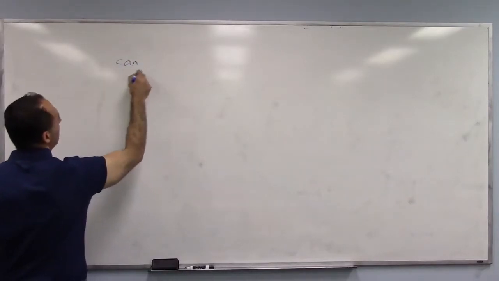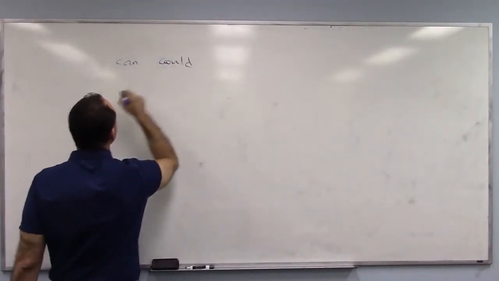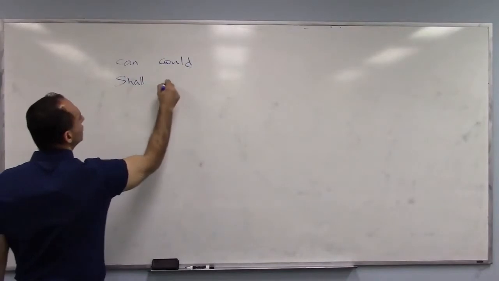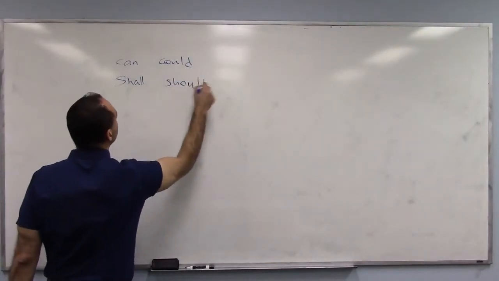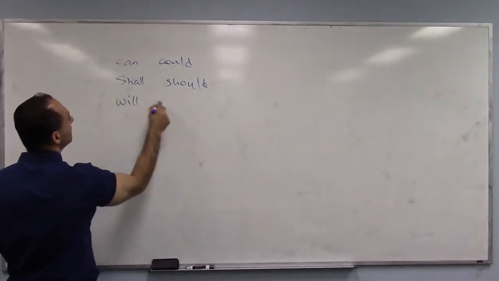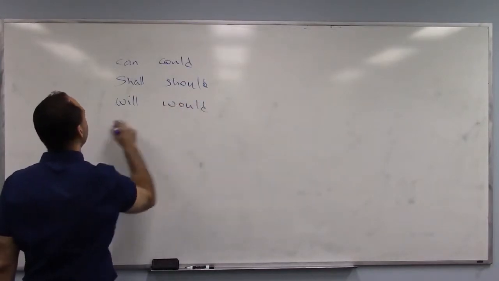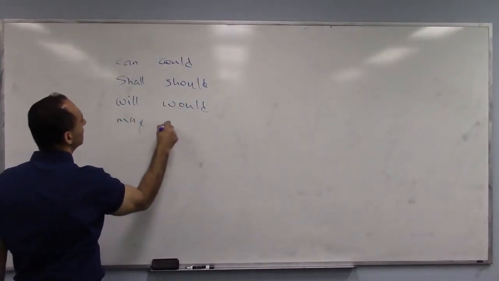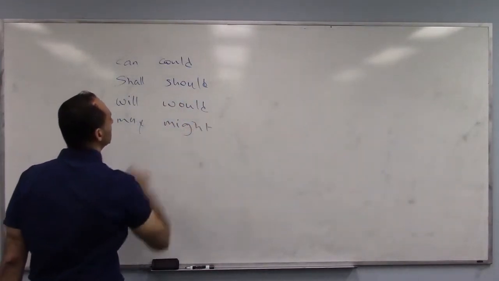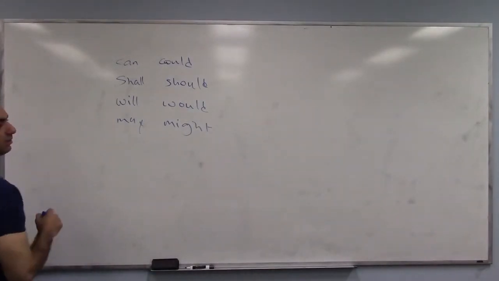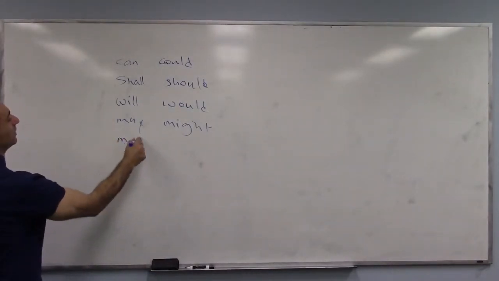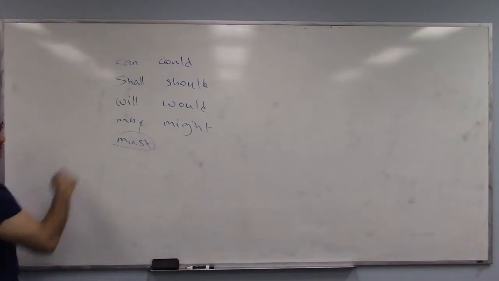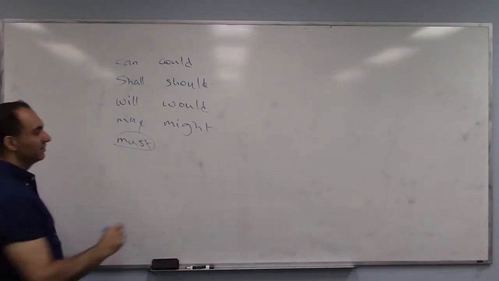Can, could. Shall, should. Will, would. Someone said may. May, might. Be able. Must. Yeah, must. What do you usually say with the past tense of must?